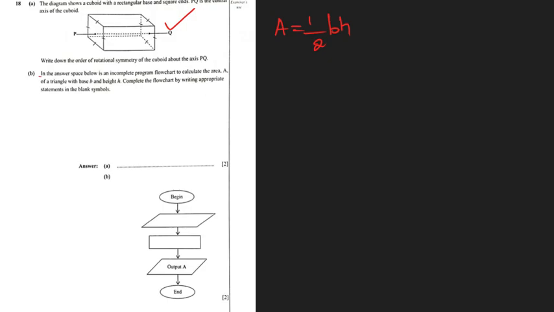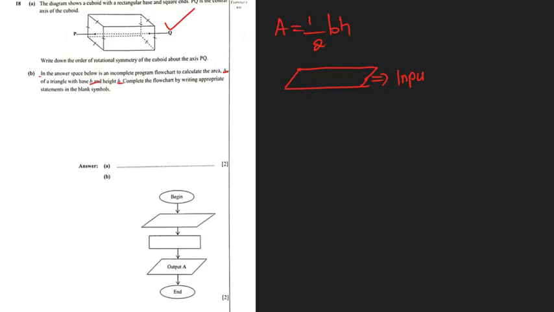Now, they are saying area of a triangle, which is A, with a base B and height H. Complete the flowchart. This shape, what is it used for? Trapezium. So this one is for input.